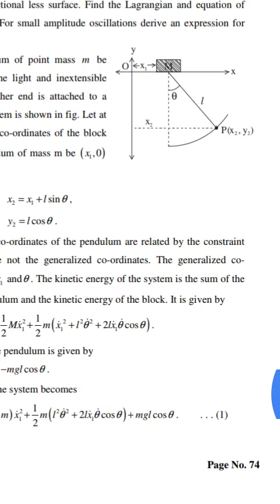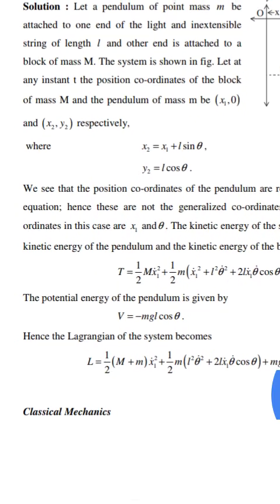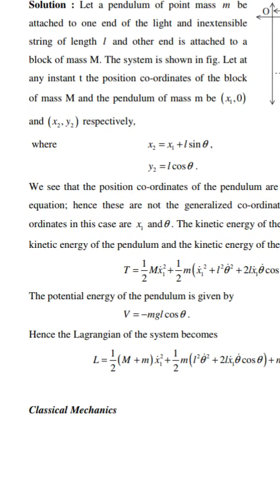Now see here. The pendulum makes an angle theta with the original position, and the block and pendulum have positions x1, 0 and x2, y2 respectively. First position x1, 0 and second position x2, y2.